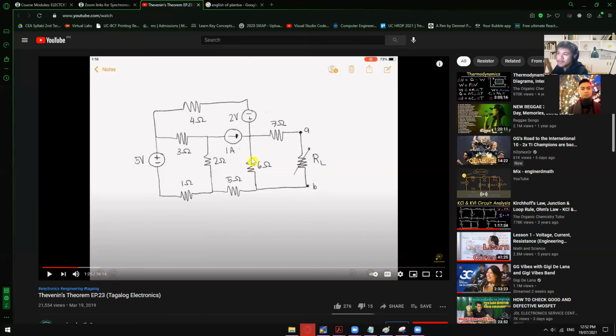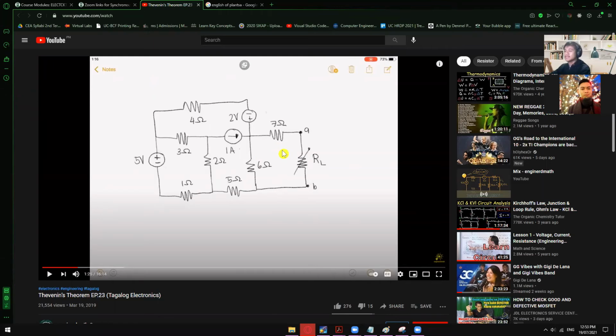The simplest way is this: if this is a node and it has other components there, then it is already a parallel connection. But if this is not a node and there are no other components on that node, then that is a series connection. I think that is the biggest clue as to whether they are in series or parallel.